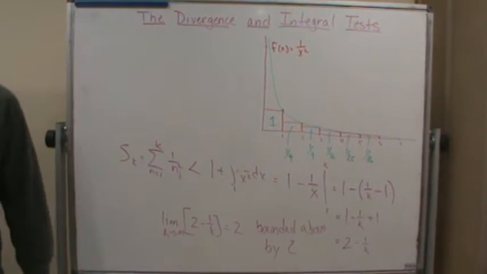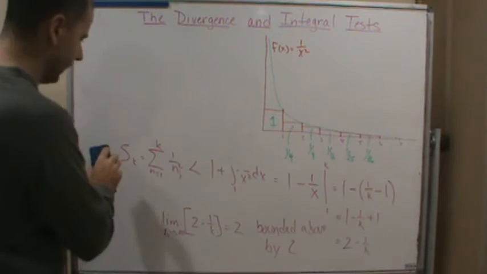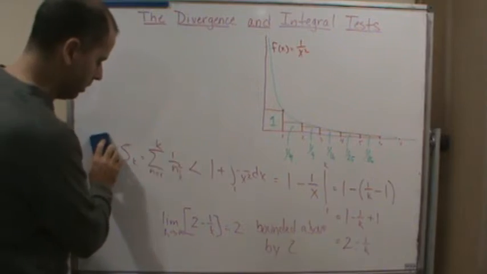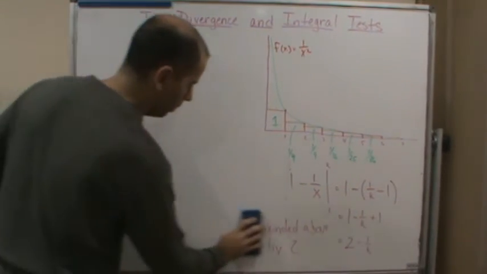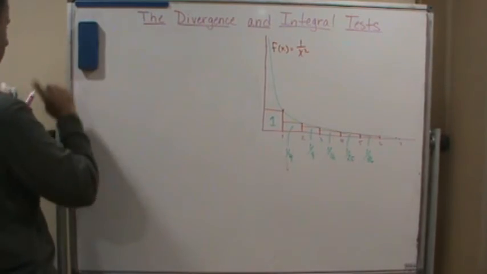Okay, so now, the other thing too is we can show that this is an increasing sequence, right? So this is increasing. Right? So how do we show that? Well, easy. And this will just take a second.